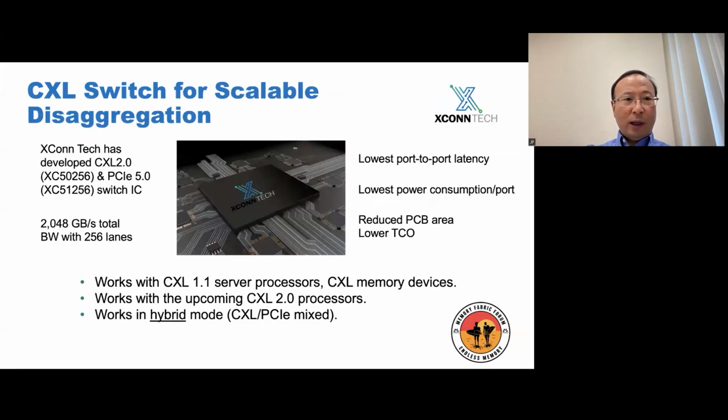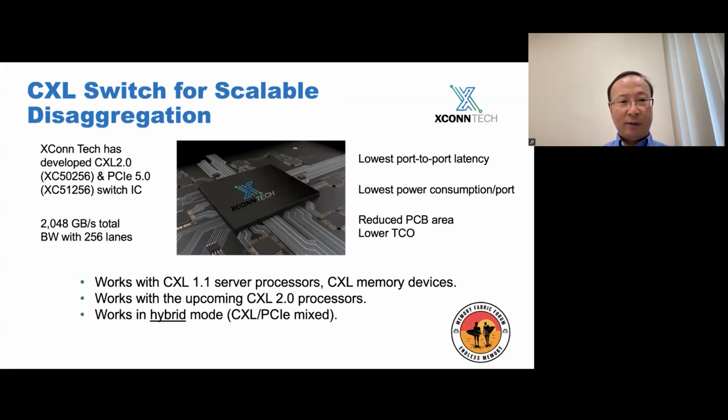All right, I'm going to briefly talk about XConn's product, the CXL switch. We are the first company in the world that has a working silicon that supports CXL 2.0 and also PCIe Gen 5.